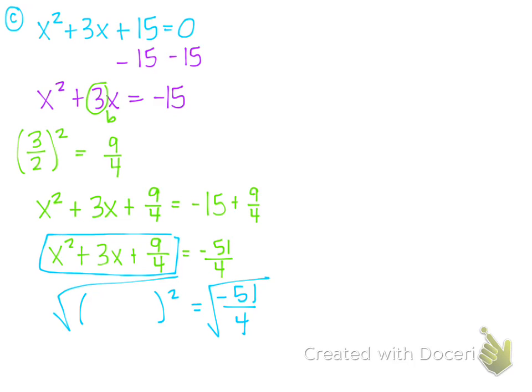Remember, when we did the quadratic formula, if our b squared minus 4ac was a negative, we had no real solutions. That's because whenever you take the square root of a negative number, you have imaginary numbers, which we're going to talk about later. So at this point, we're going to stop because there are no real solutions, or roots or zeros.